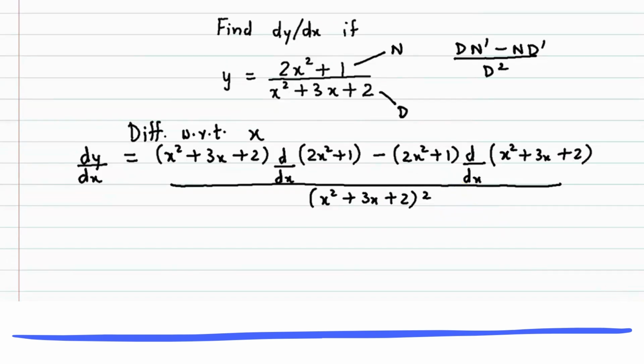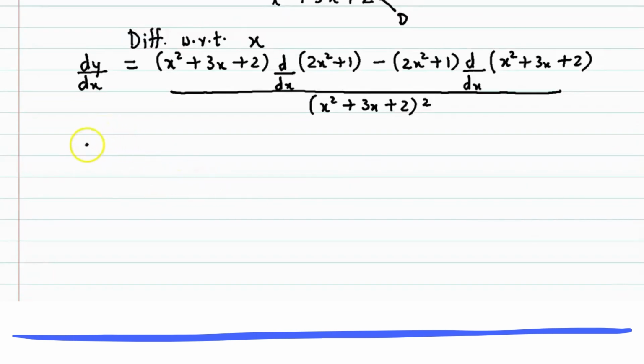Now if we simplify this further, we have, now this term remains as it is, that is (x square plus 3x plus 2) into, now here we apply the addition rule and we take the derivatives of the individual terms. So 2 times derivative of x square, now derivative of x square is 2x, so 2x into 2 makes it 4x, and derivative of 1 is a constant, so its derivative value is 0.